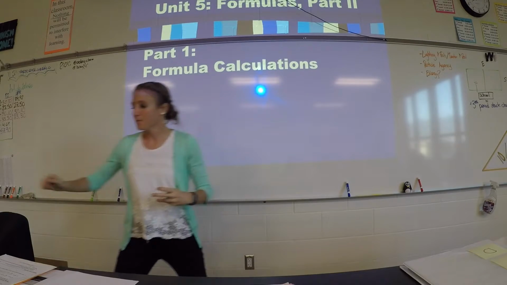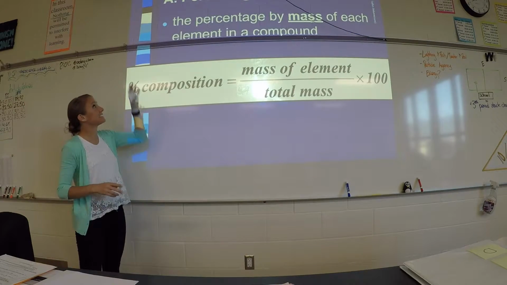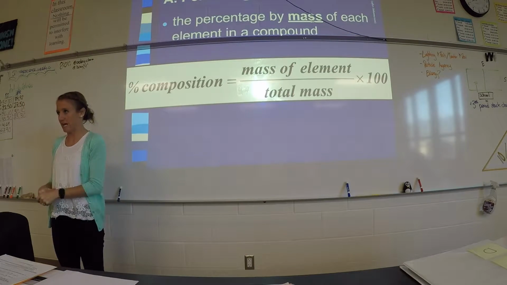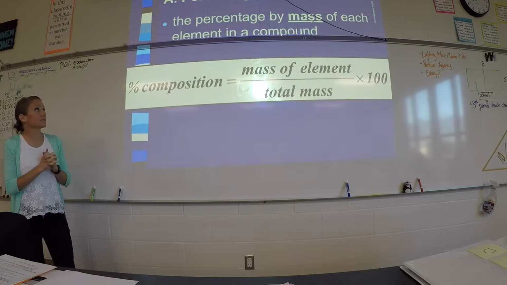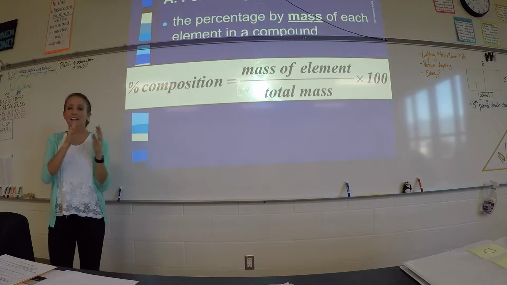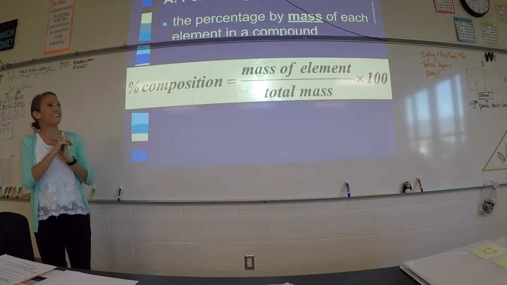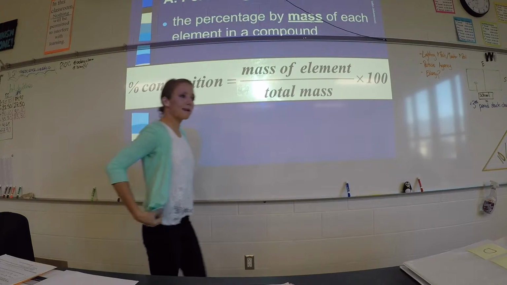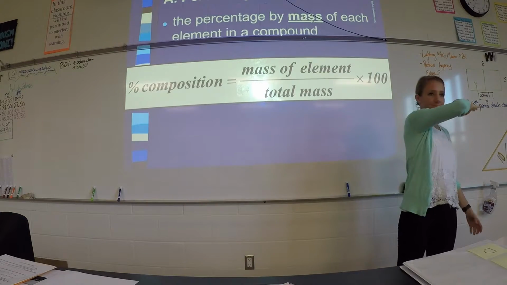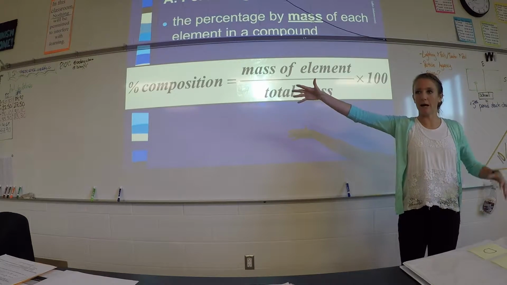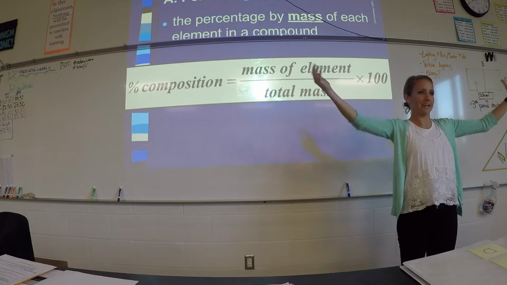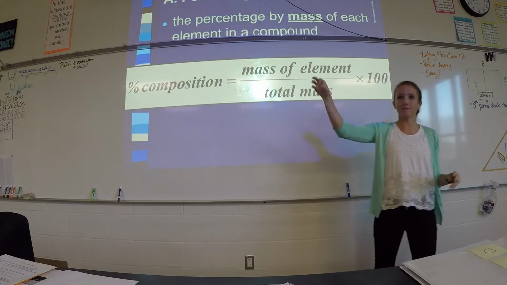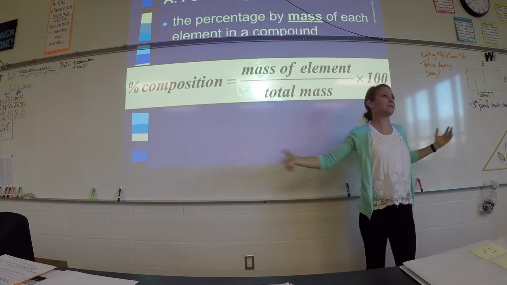Okay, so the thing we're going to be focused on today is this thing known as percent composition. When I talk about percent composition, it's the percentage by mass of each element in a compound. So my weird little analogy is this. Pretend that we as a class are a giant compound, so each of you are an element, and together we make the compound.